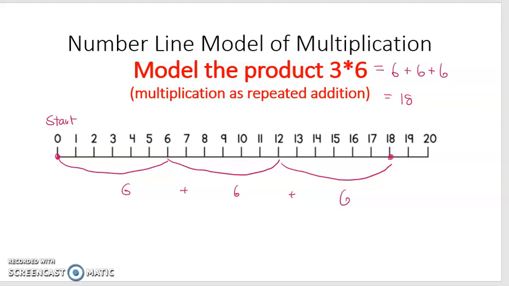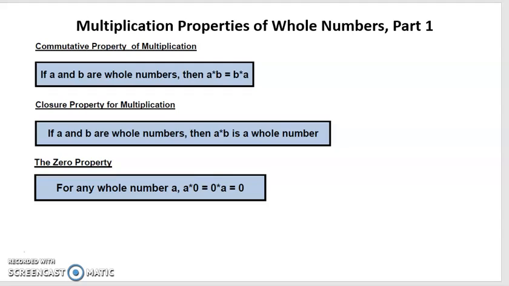There are a few key properties of multiplication, and we're going to discuss these now. The commutative property: A times B equals B times A. As we just discovered, 3 times 6 equals 6 times 3. The order in which you multiply doesn't make it different. The closure property: if A and B are whole numbers and you multiply them, A times B is also a whole number.